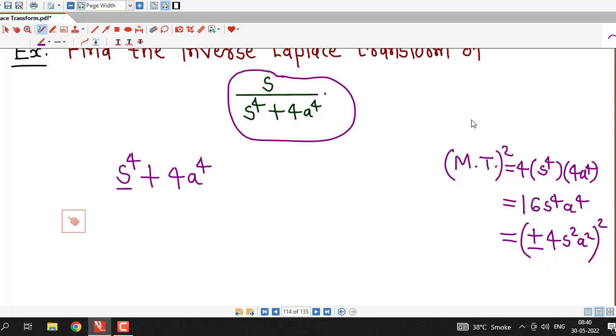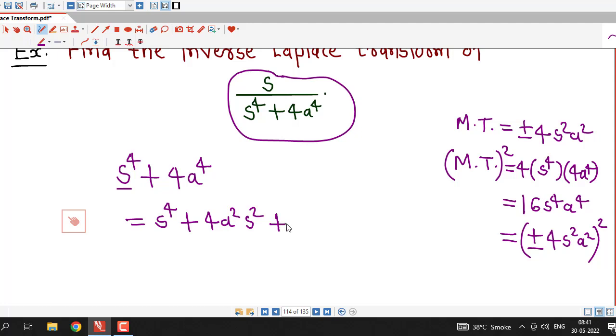Therefore the middle term is plus or minus 4 times s square times a square. So this we can rewrite as we add 4a square s square, and we subtract 4a square s square.